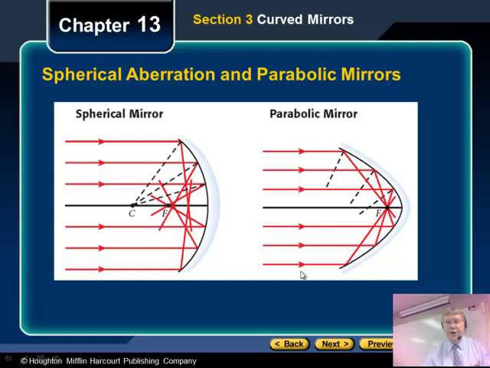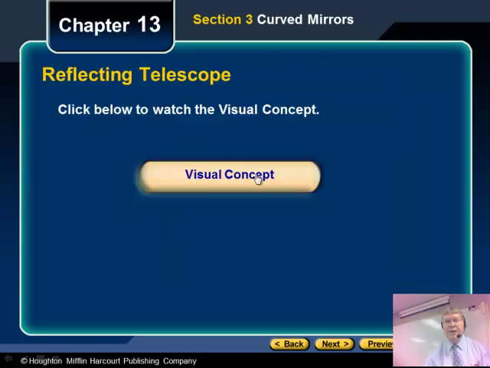So just turn all these arrows around. They're all going out parallel to each other, and you get a very concentrated beam of light coming out from this point.